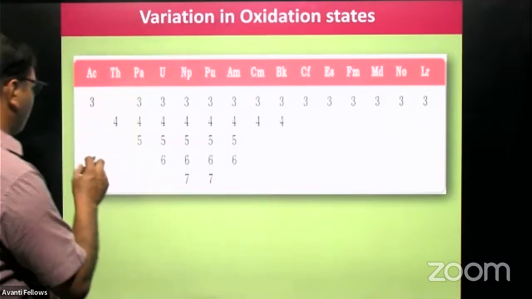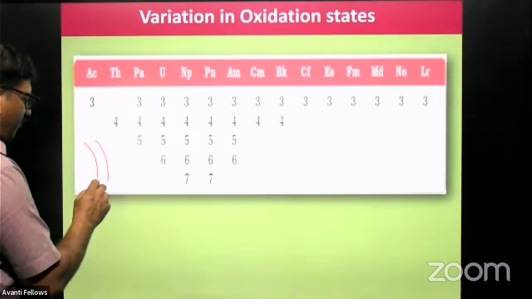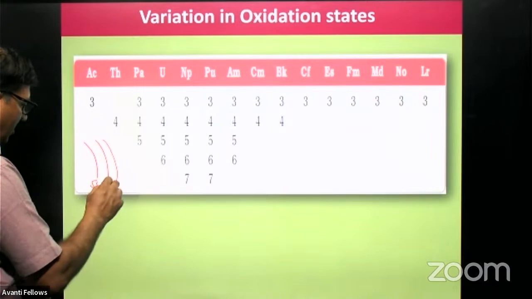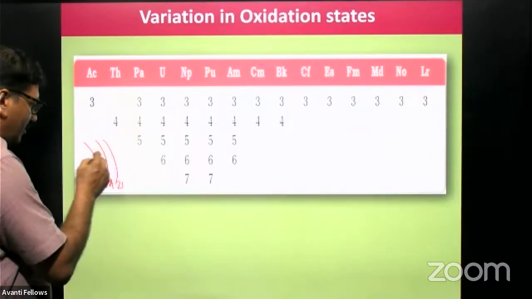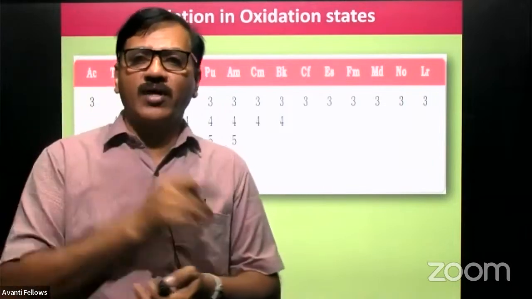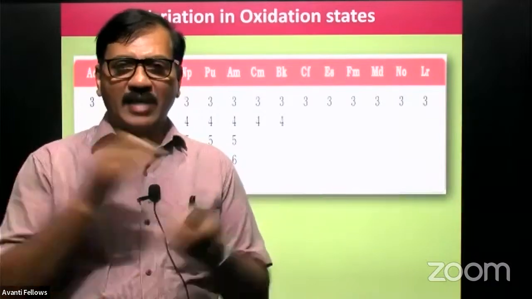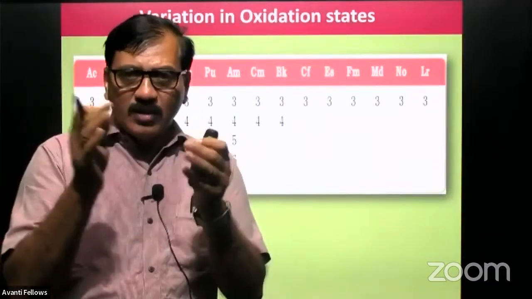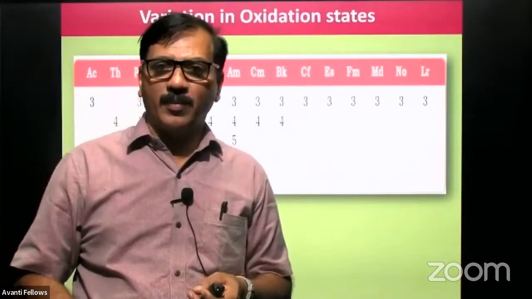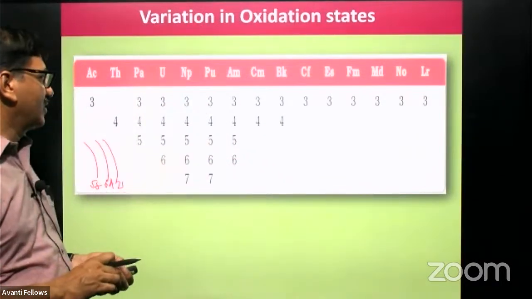It may be because the 5f, 6d, and 7s orbitals are quite close. Rather than 4f, 5d, 6s in the lanthanoids, because actinoid contraction is a little more, the orbitals are nearer, and the movement of electrons from one orbital to another is more easily possible. Therefore, they show variable oxidation states.